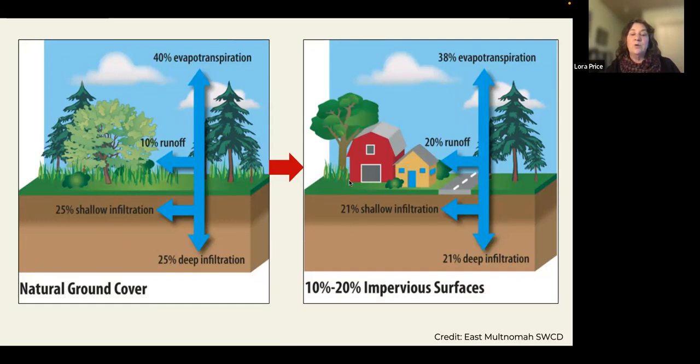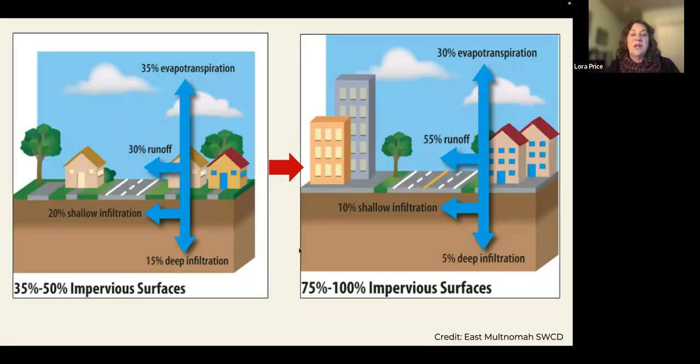So as soon as we increase the development or density of development, you can see how these percentages change. There's increased runoff, less evapotranspiration, less being held in the soils beneath, until we get to a kind of suburban situation. And you can see we've got 30% of the rain that comes down is runoff that we need to manage somehow.